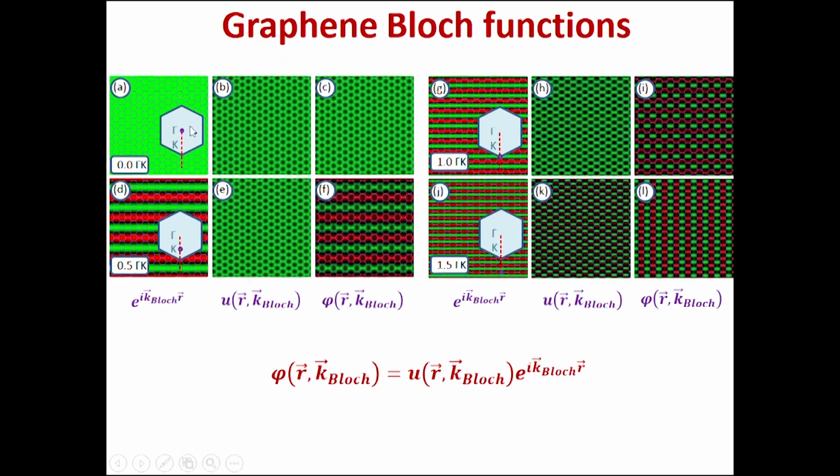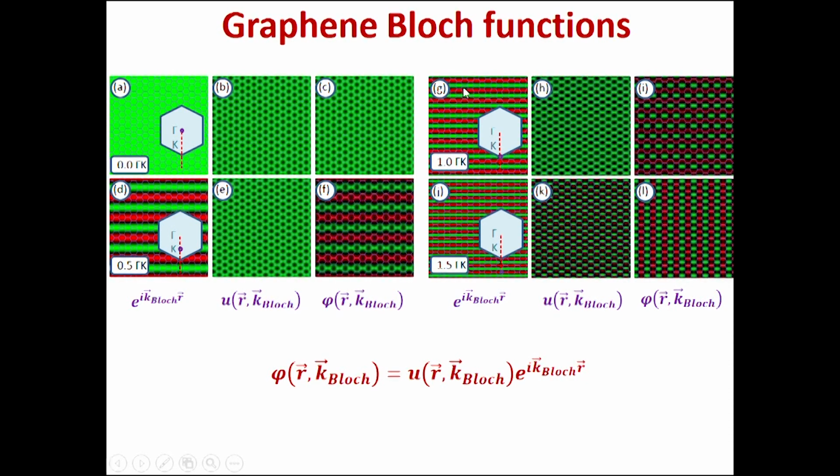So this is the graphene Brillouin zone. First we are in the middle at the gamma point, so of course the plane wave part is constant. Then we are halfway between gamma and K, so we have this plane wave, and then we are at the K point.